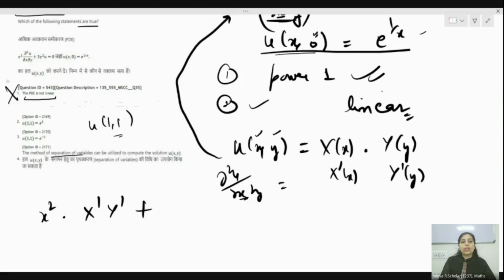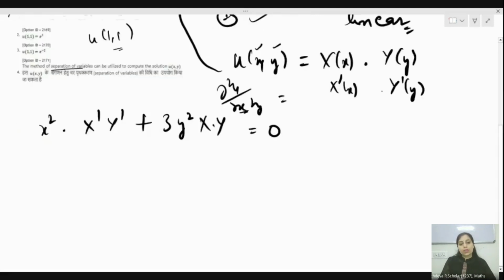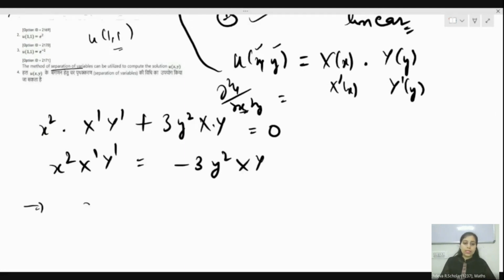So for the 3y²u term, 3y² u is what? X into Y is equal to 0. So by this, we have x² X' Y' equal to, taking this to the right hand side, negative of 3y² XY. Now separating the variables, taking x terms this side and y terms this side.